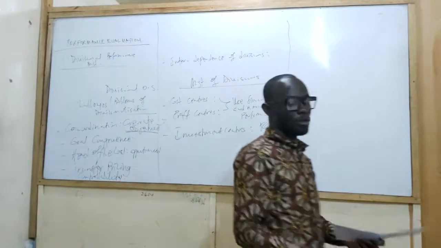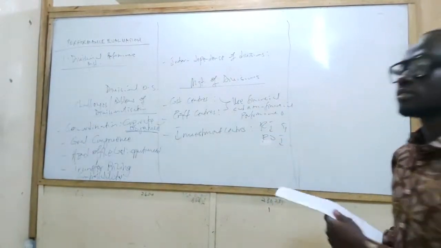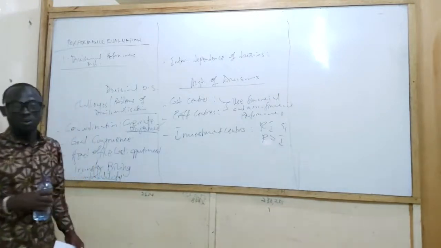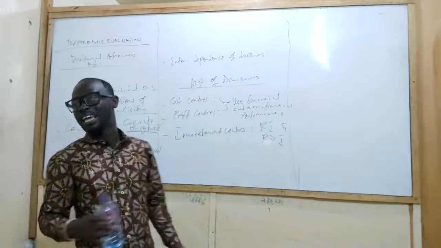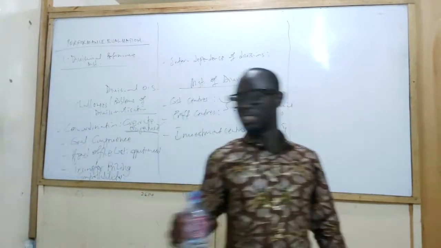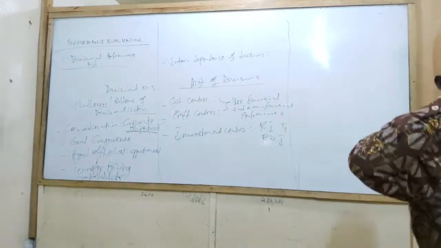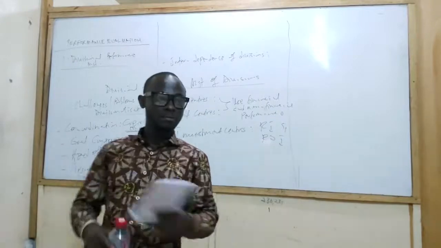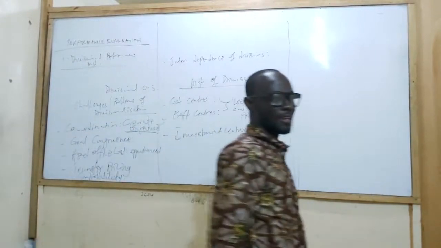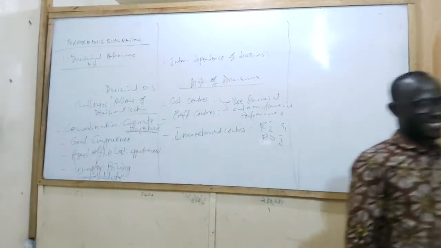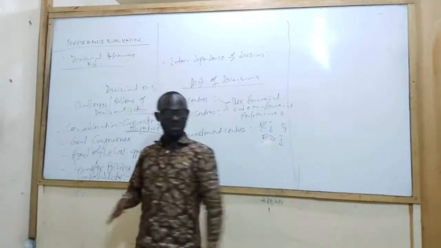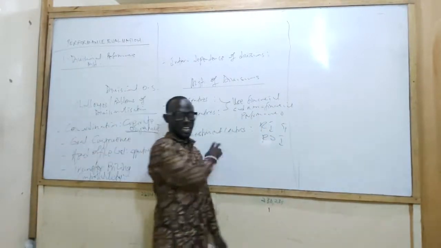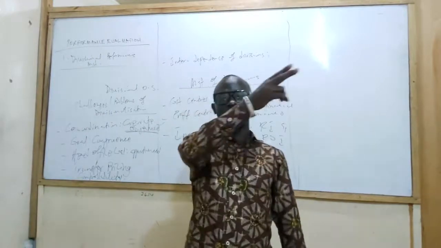Come on. Cost centers. Kingsley. Where cost is being incurred. So you are saying that in a profit center we don't get cost, in an investment center we don't get cost.